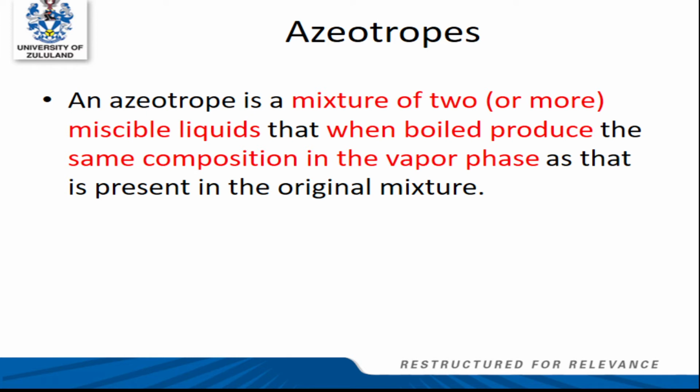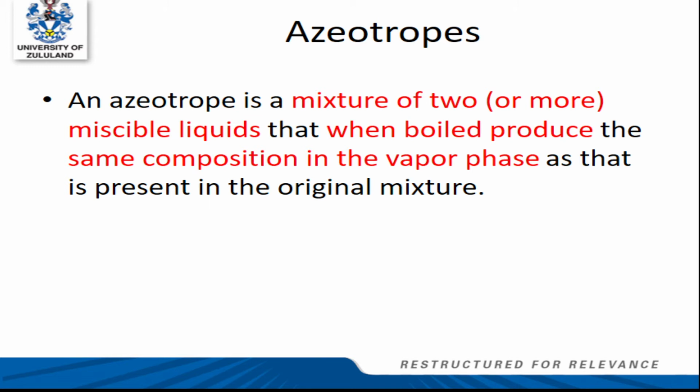The first definition that we must acclimatize ourselves with is what we call azeotropes. When we talk about an azeotrope, we are basically talking about a mixture of two or more miscible liquids that, when boiled together, produce the same composition in the vapor phase as is present in the original mixture.